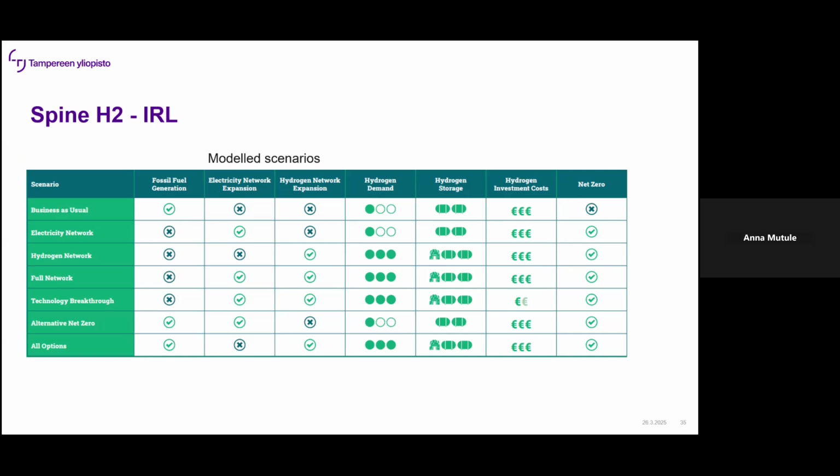Some focus on aggressive hydrogen development and network expansion, while others, like the alternative net zero scenario, exclude hydrogen and rely on carbon capture storage and long duration storage. The all options scenario is the most flexible, allowing all the technologies to be involved and also to identify the most cost-effective combination under the net zero constraints.